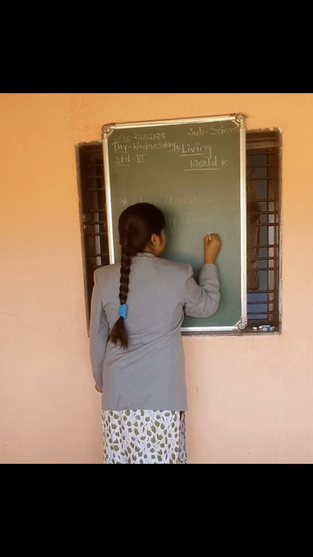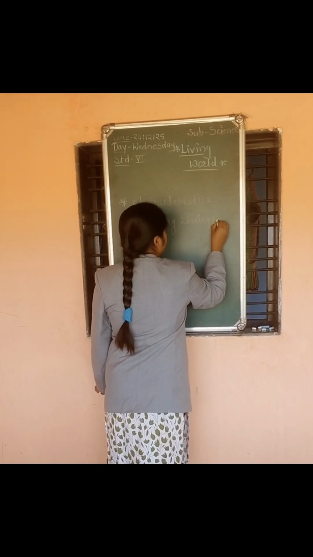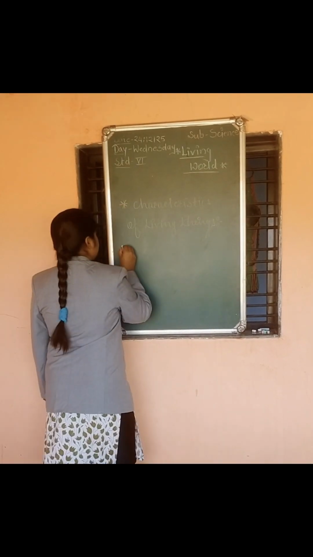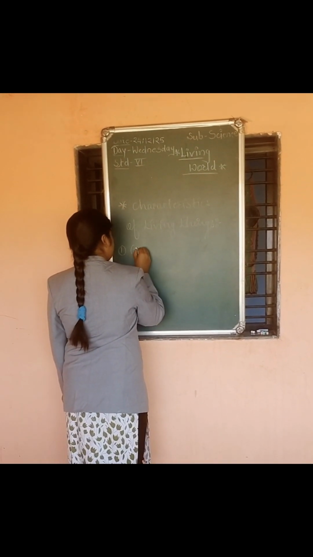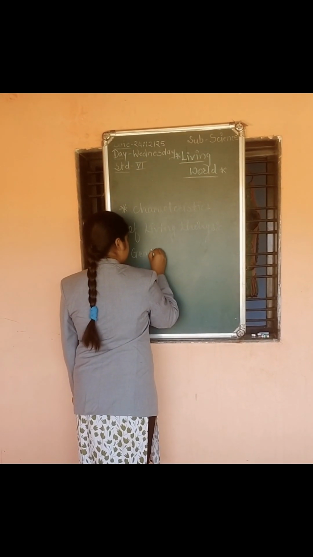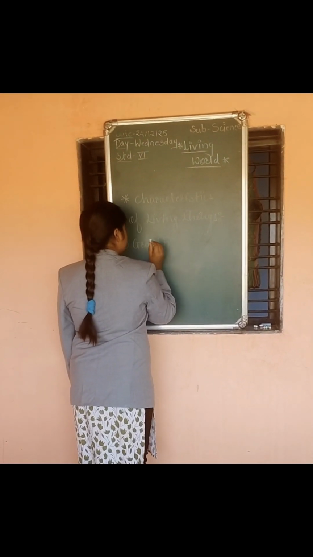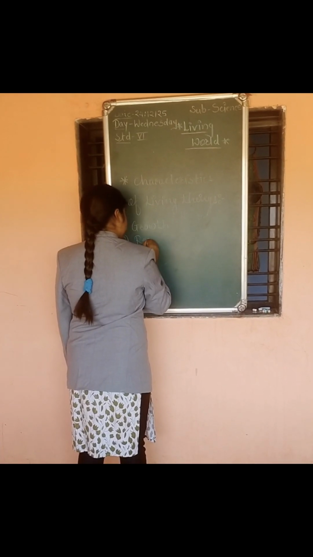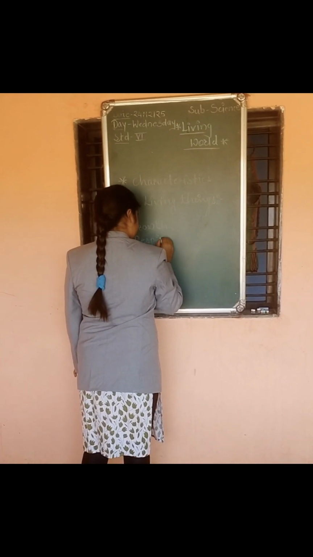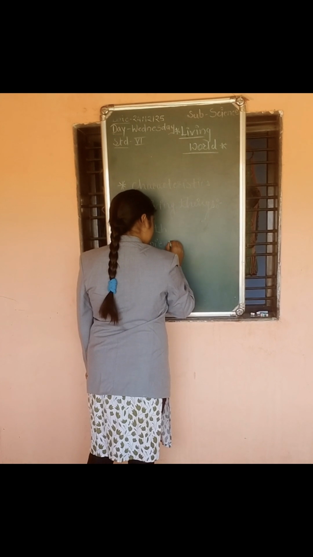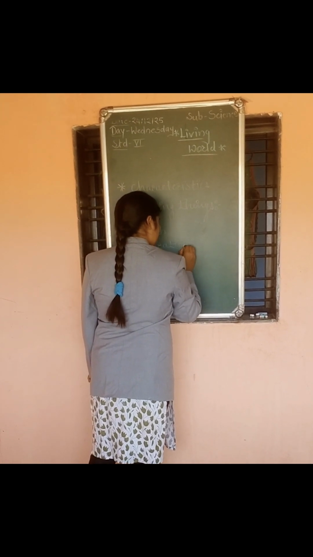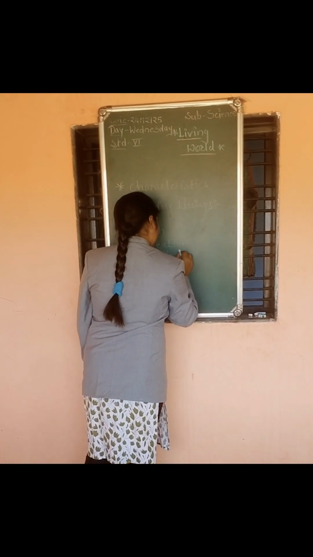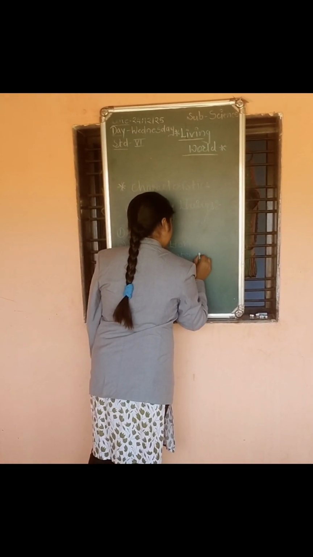Today we are studying the characteristic properties. The first one is growth. Second one, respiration. In respiration, we have to study the photosynthesis process in plants.